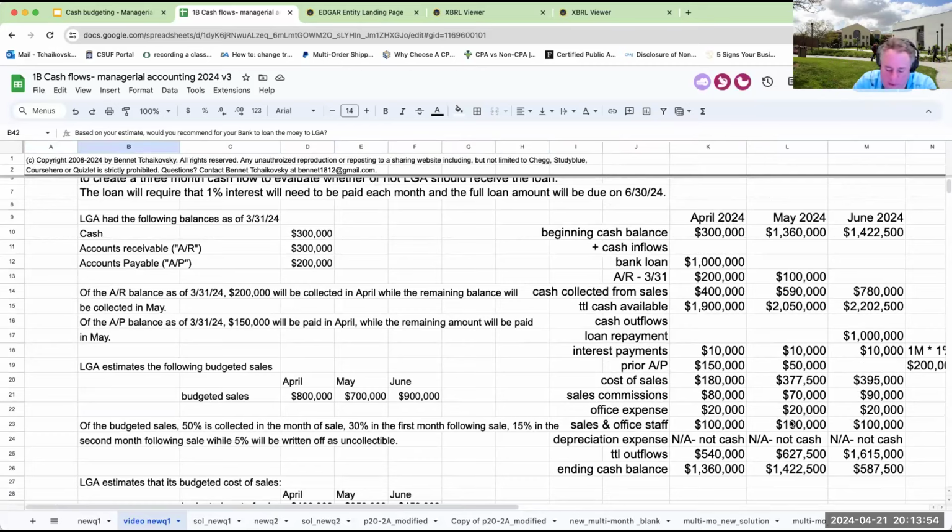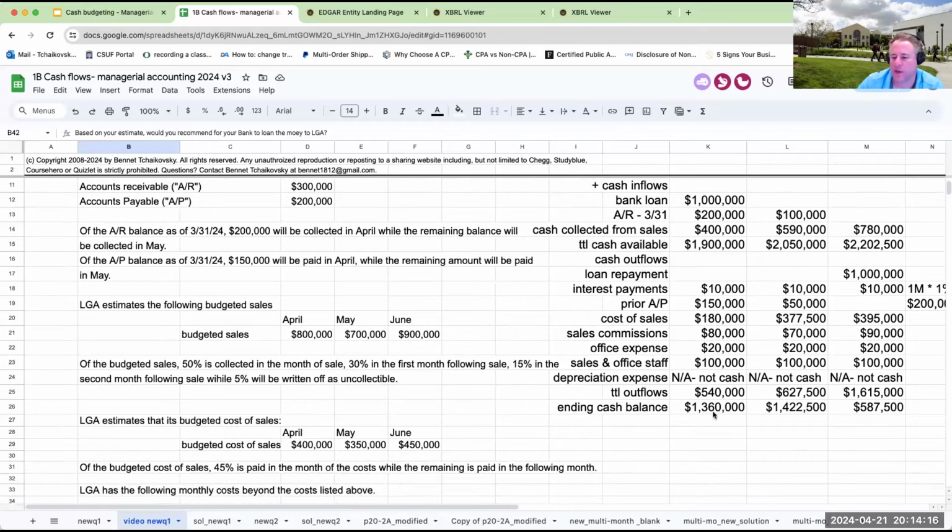Okay, so when we look at whether we should give them a loan, remember, when we're preparing things here in managerial accounting, we're really trying to keep the emotion out of a business decision. We're trying to show the numbers. So let's talk about some things we can point to as to whether or not we should give them the loan.